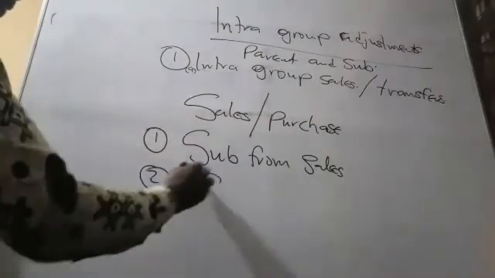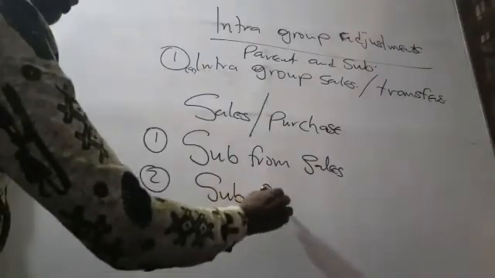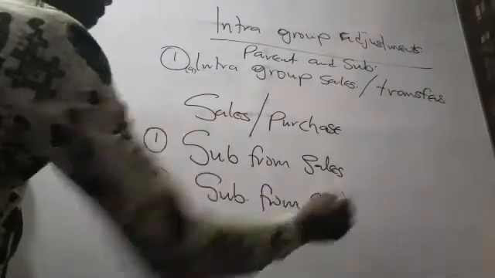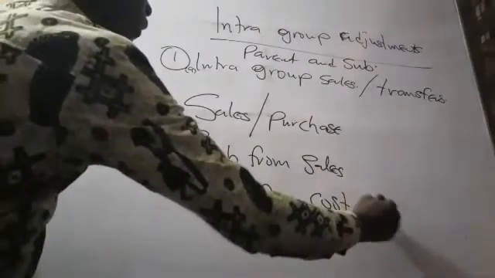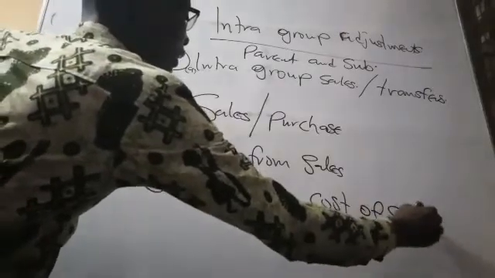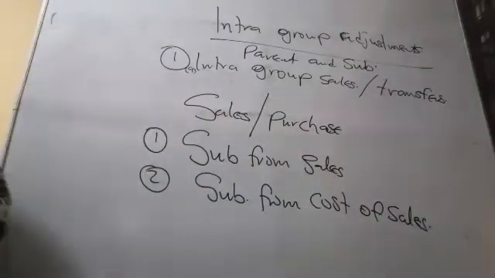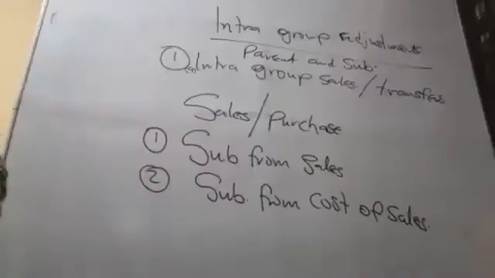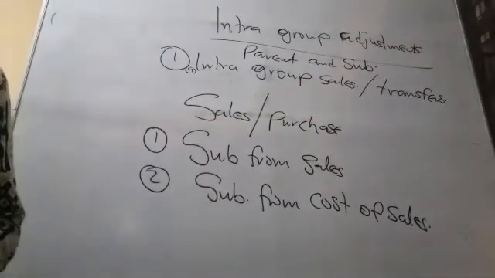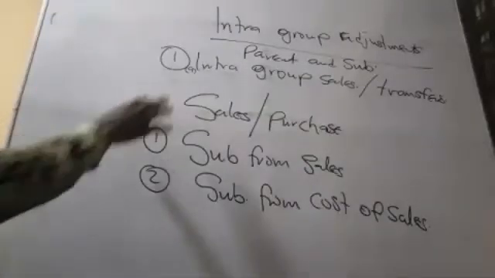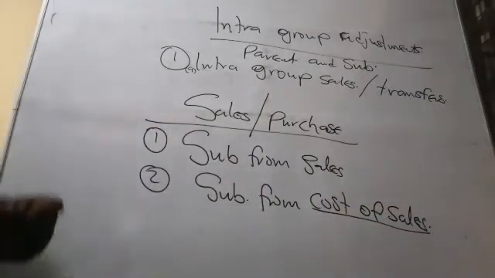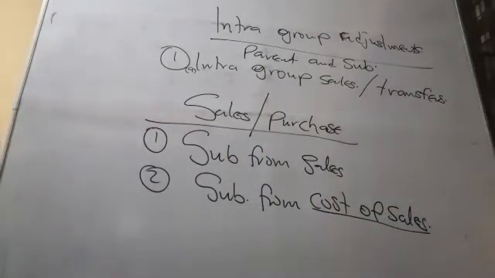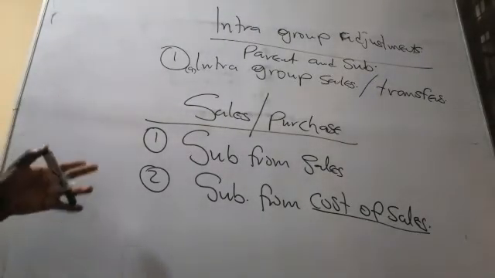Treatment number two, subtract it from cost of sales, because it will be part of the buyer's cost of sales. When you are doing a consolidation, the sales figure must go down by that amount, and the cost of sales must also be subtracted, irrespective of who made the sale, whether the seller is the parent or the subsidiary.